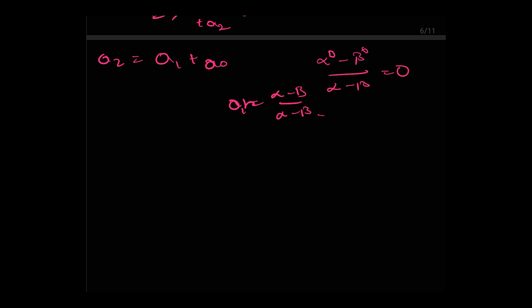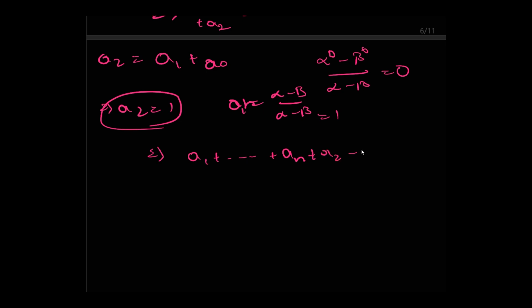Again, a2 can be written as a1 plus a naught. Here a naught equals to alpha power 0 minus beta power 0 by alpha minus beta, that equals to 0, and a1 equals to alpha minus beta by alpha minus beta, that equals to 1. That implies a2 equals to 1. We get a1 plus so on plus an plus a2 minus 1, that equals to a1 plus so on plus an equals to an. RHS. Hence proved.